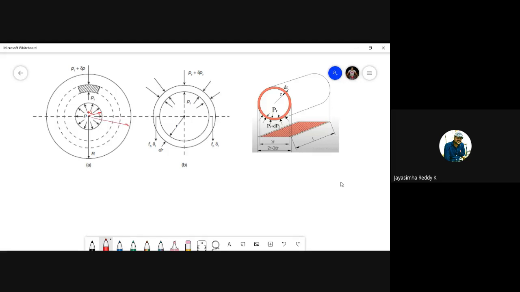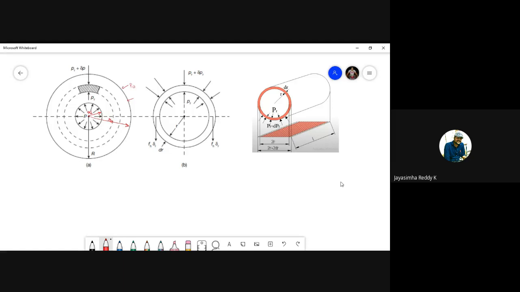Let me take this as R0. Is it clear, students? So we have considered a cylinder with internal radius Ri and external radius R0, and there is a pressure P acting inside. This is internal pressure, and let us assume some pressure P0 is acting externally.